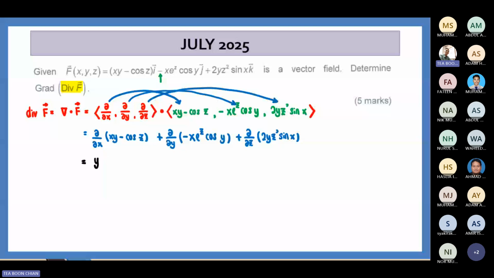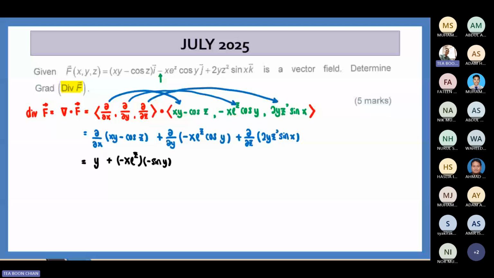Therefore, this is the first result. Plus, differentiate this function with respect to y. Yes, I have a cos y here that I can differentiate. So negative x exponent z not related, put aside first. Differentiate cos y gives me negative sin y.